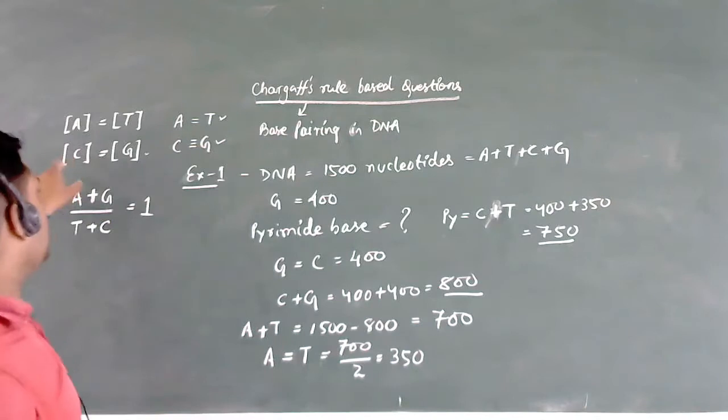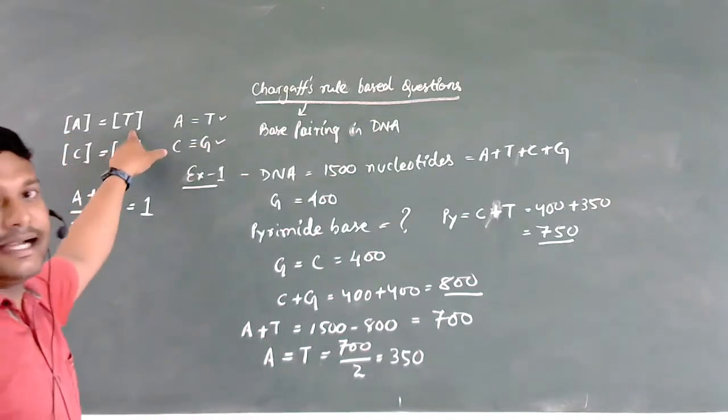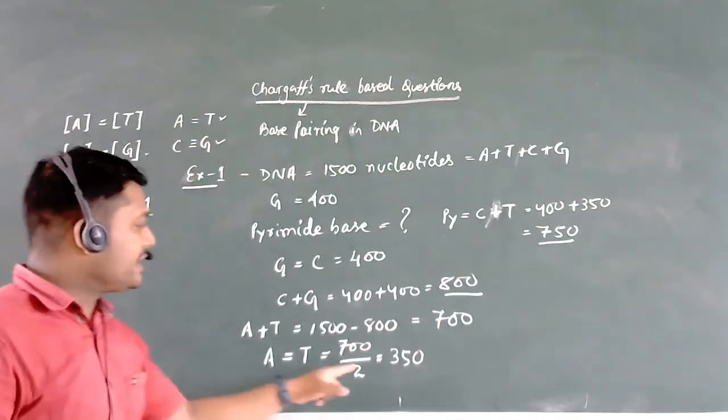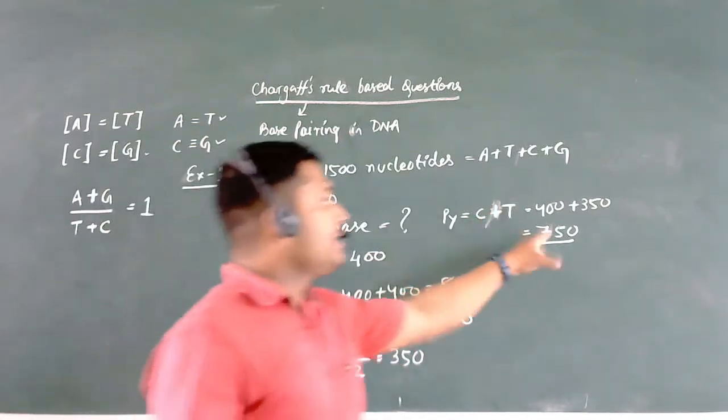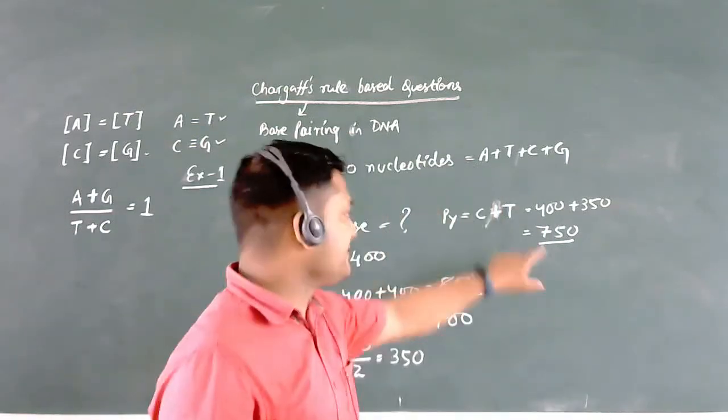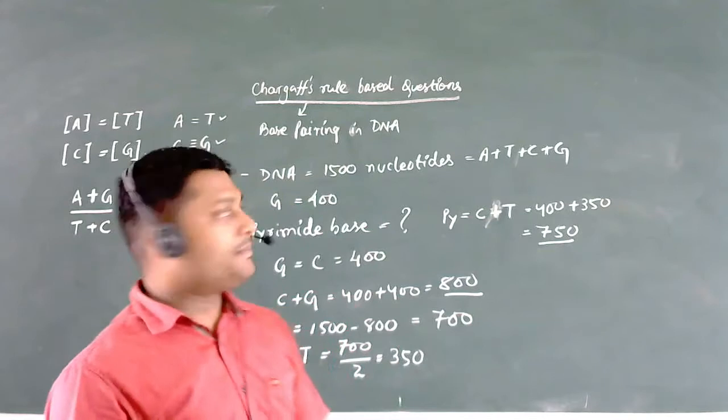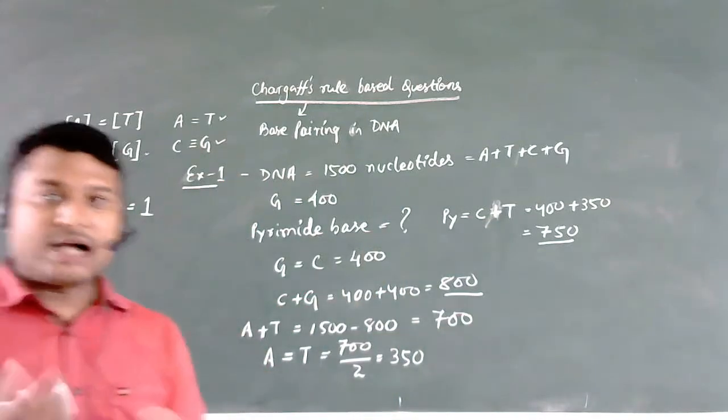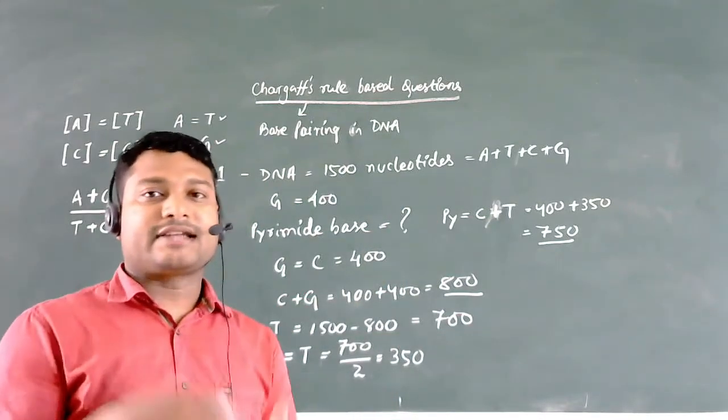We all know that A is going to base pair with T, right? The value is going to be the same. So we get 350 and we add these two. That gives us 750 bases that are pyrimidine. So now we'll go to the second question and try to understand.